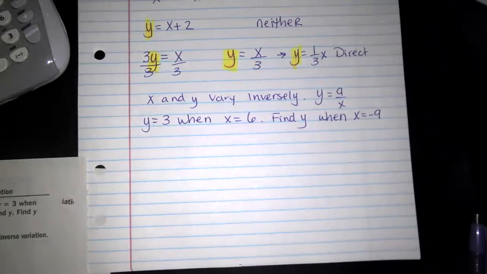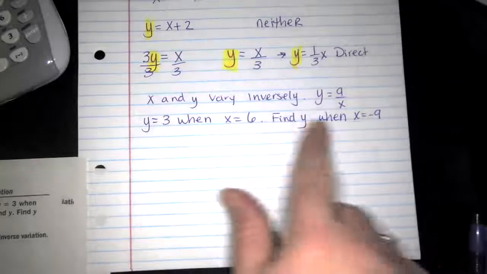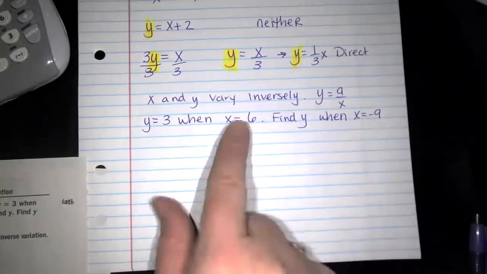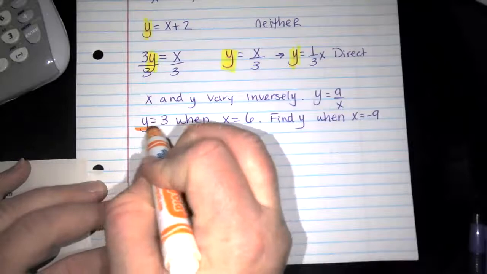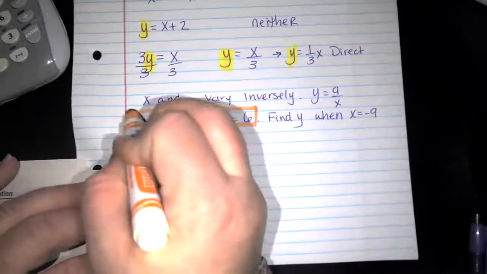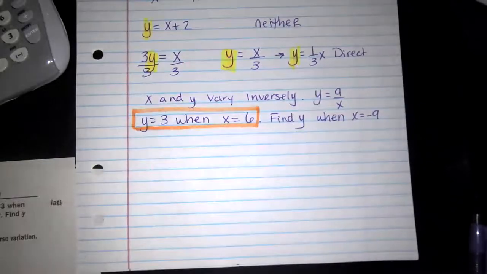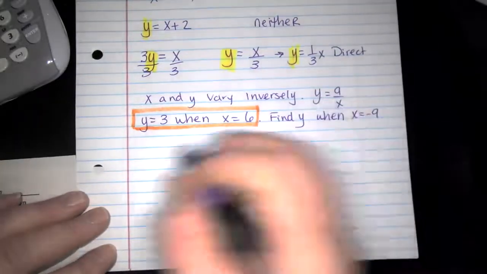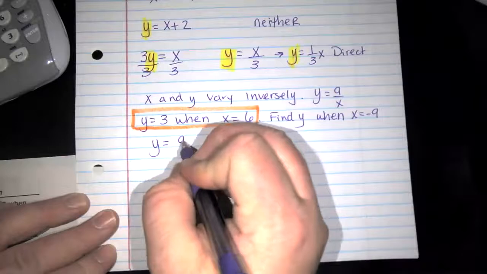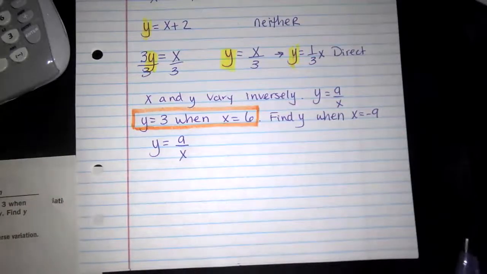We talked about this with direct. You need to ignore this piece and get me the equation first. So you need to take this set of numbers here and figure out what your constant, what your slope is first. Figure out what this a is. Y is equal to a over x.